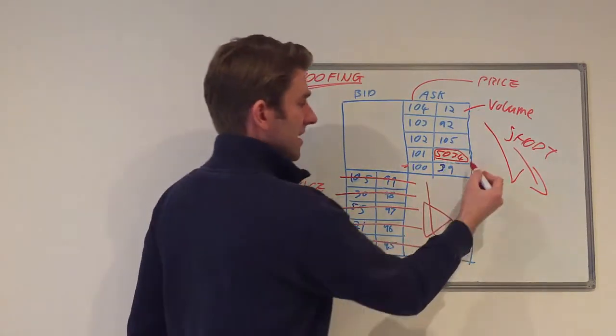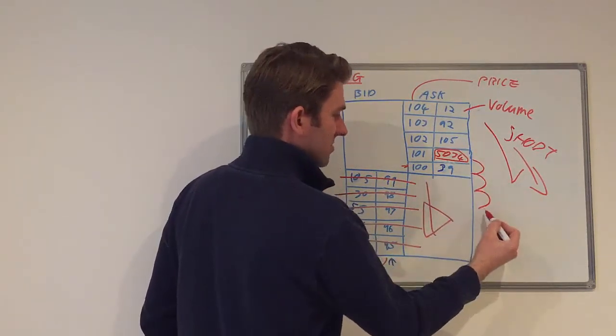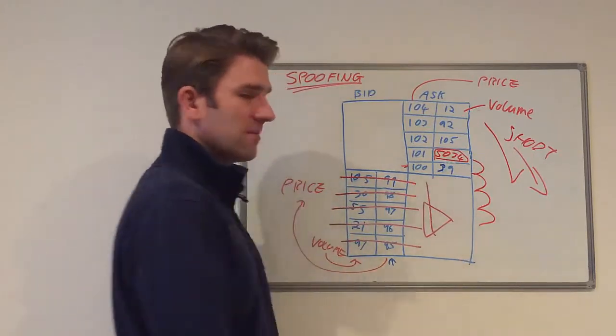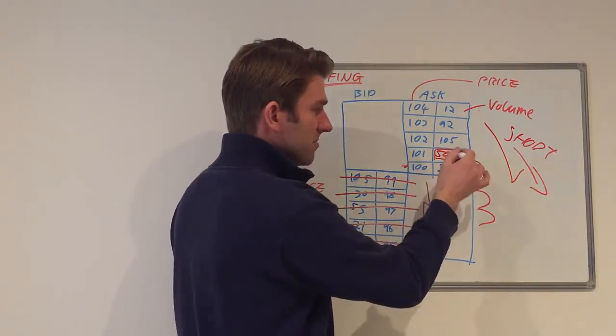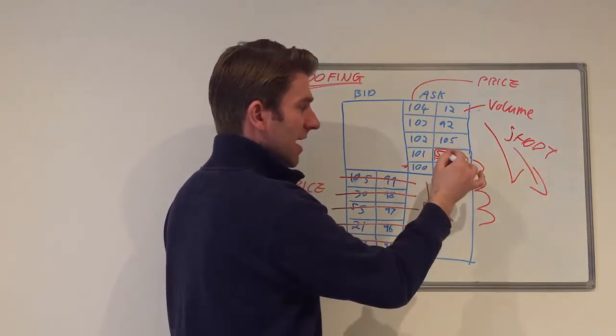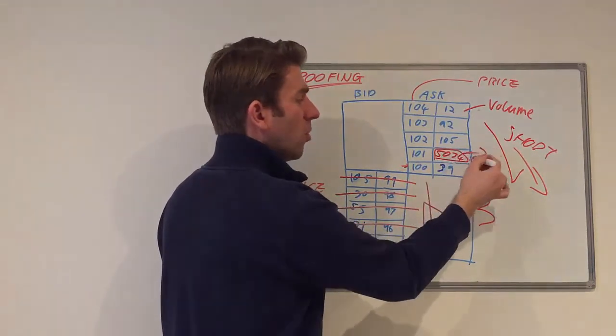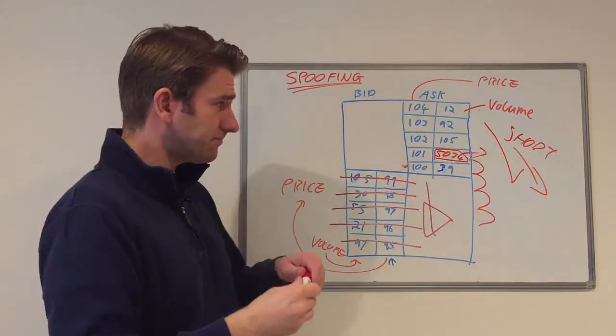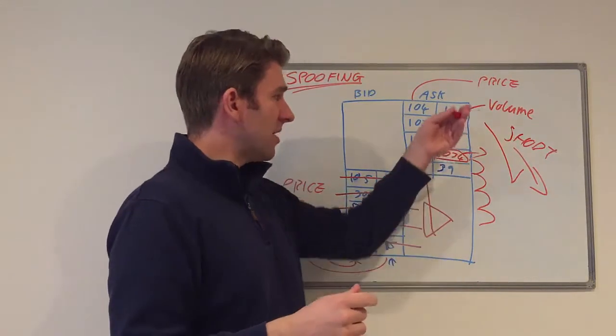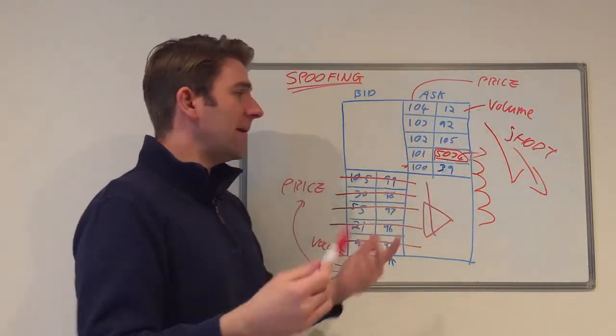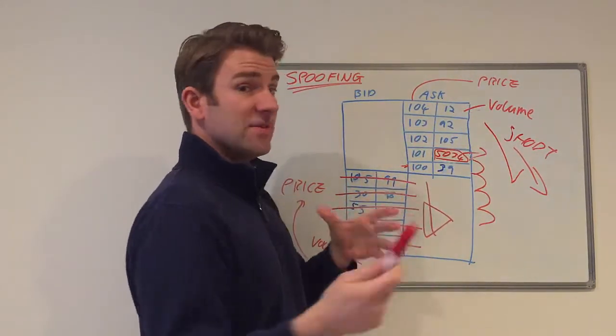And for added effect, he will then step this down, step this down, step this down. So it's always away from the market. However, if the market comes up and fills all that and it is about to fill him, he will pull that order because he doesn't want to be filled. So that's what spoofing is all about. It's about aggressively making the order book appear more weighted one way than it truly is.